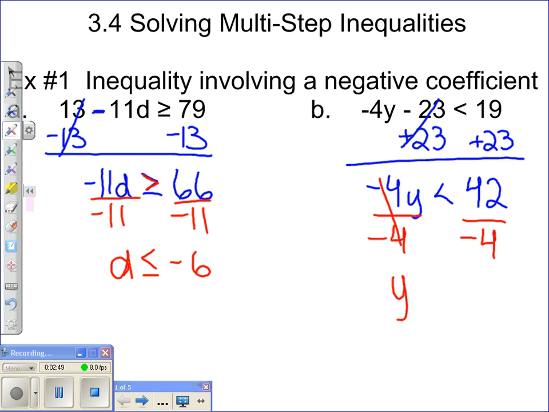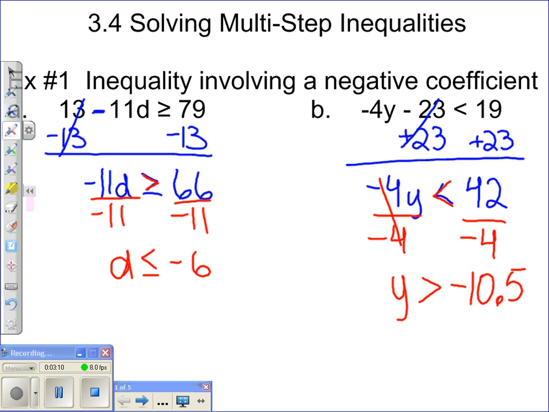So y is, oh, this less than's got to turn into a greater than because you divided by negative 4. Good, negative 10.5. Use your calculator if you don't get this when you divide. A positive divided by negative is going to be negative 10.5.